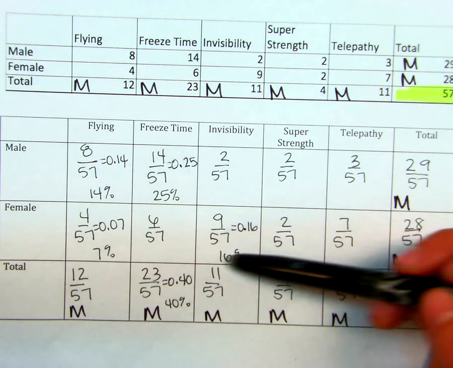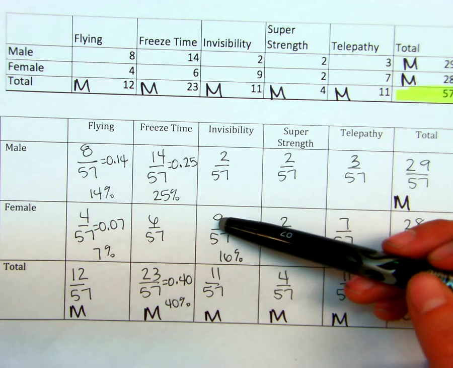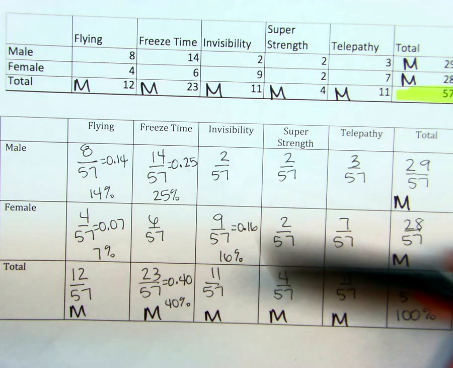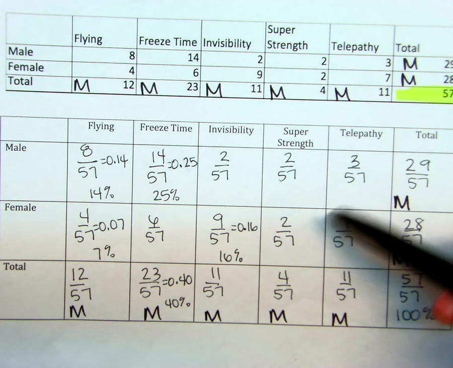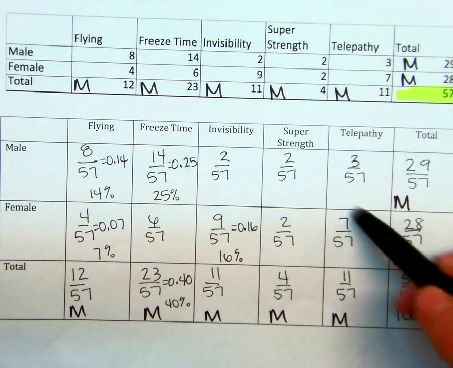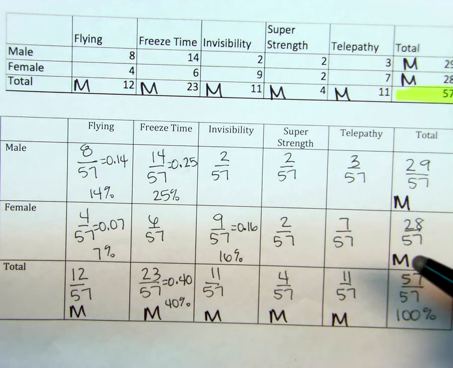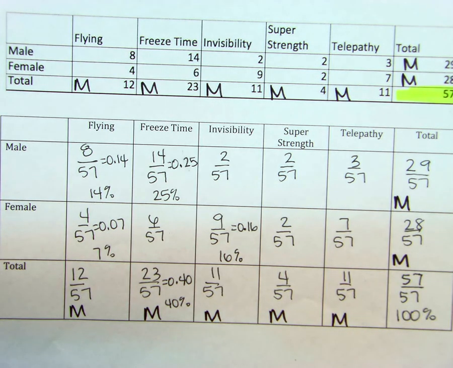Looks like females really want to have invisibility because they have 9 instead of 2. Super strength is pretty equal. And it looks like females would like to have more mind control and reading people's thoughts. So relative frequency helps us look at how much of one and we can compare it to the other.